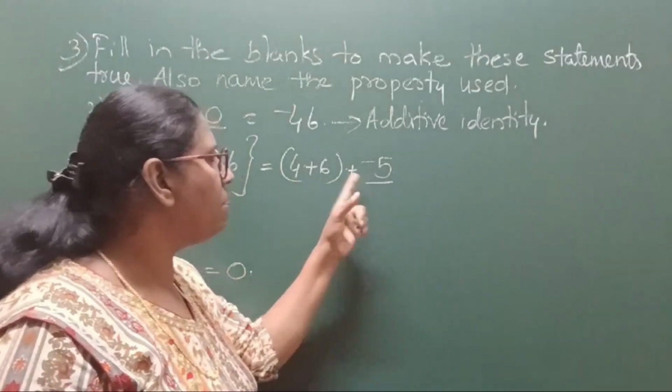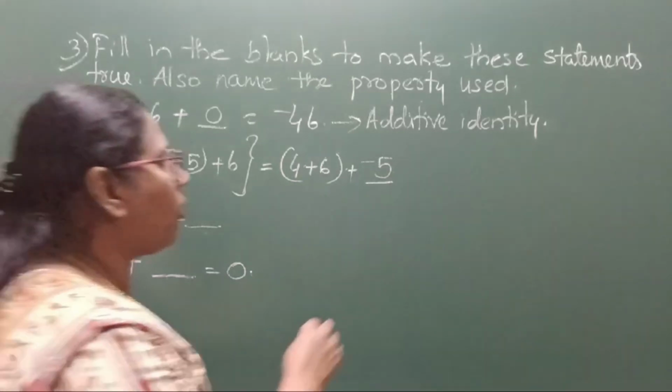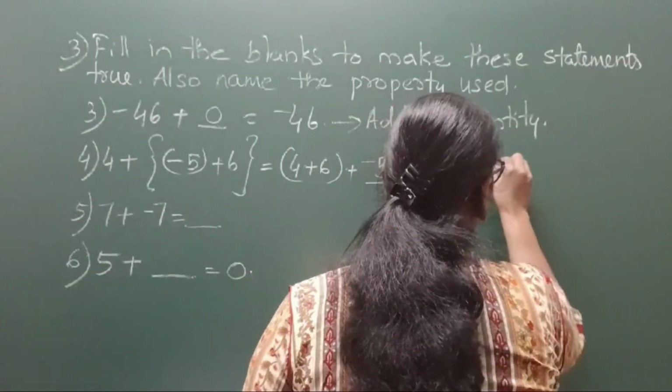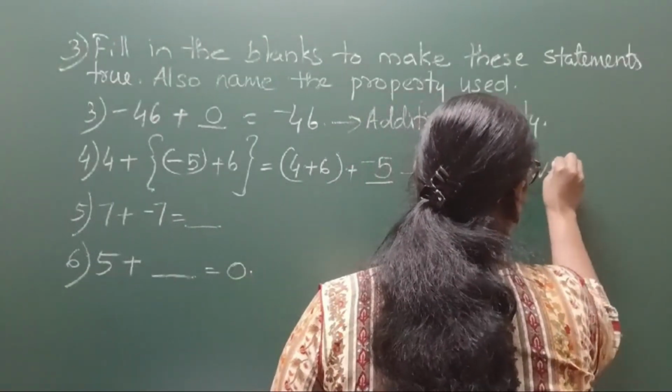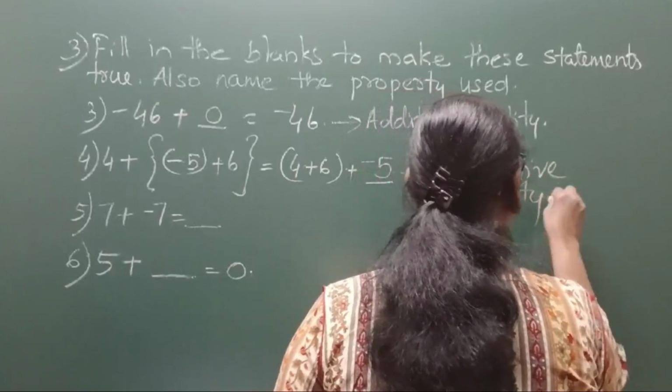So we have to write that minus 5. Now we should mention which property this is, which we have already learned. It is associative property.